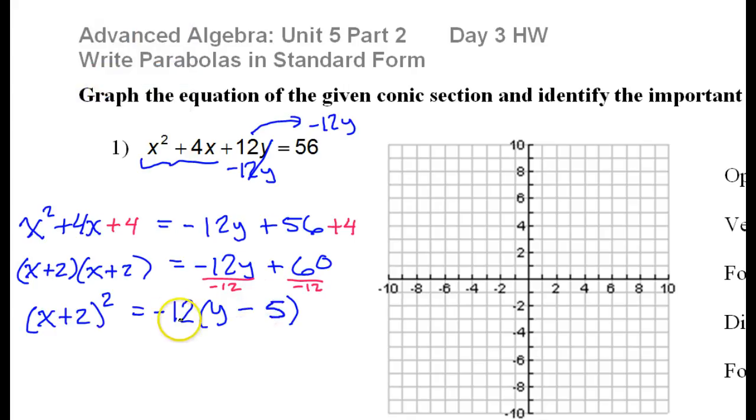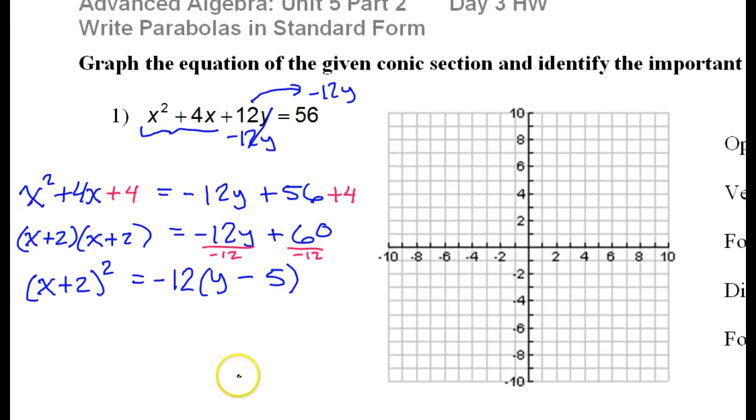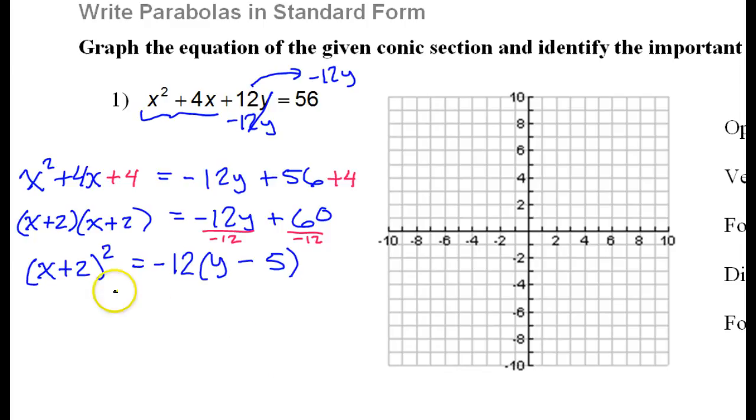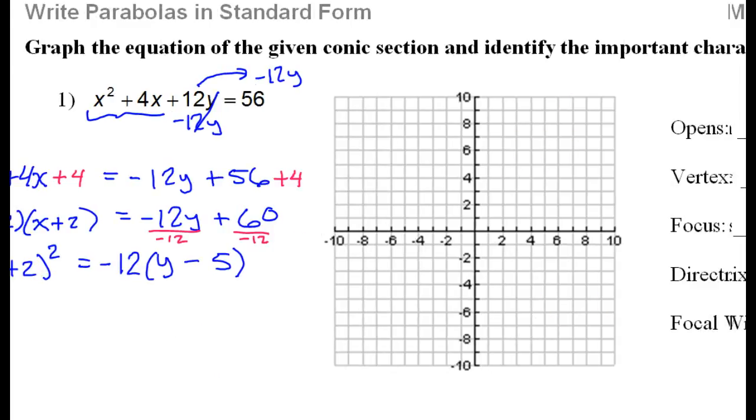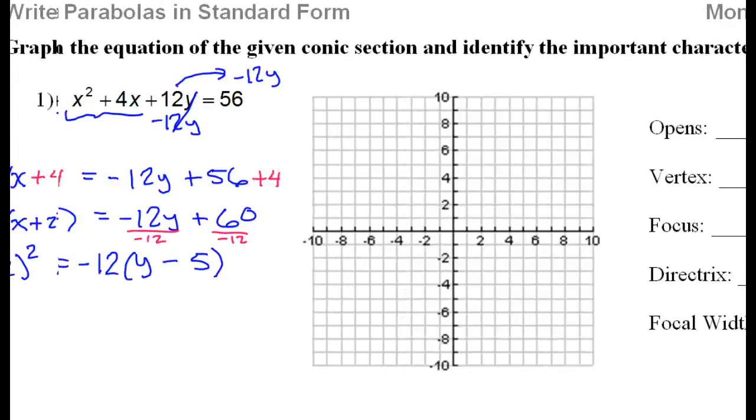And you can check it by imagining doing the distributive property. Of course, negative 12 times y is negative 12y. And negative 12 times negative 5 is positive 60, so it checks out. So guess what? That's all there is to it. We have now rewritten this equation in standard form. Now we can go on and graph it and find all this good information.